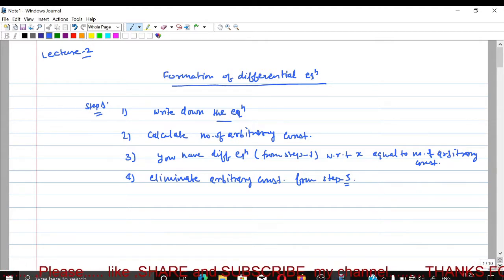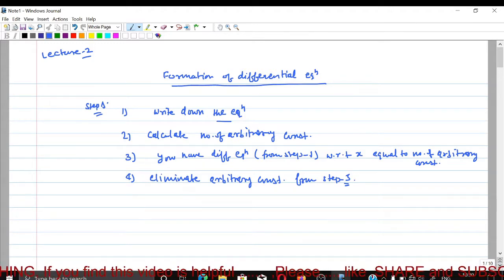In our upcoming session, we will solve some problems where on successive differentiation we may eliminate the arbitrary constant, but in other problems you may find that after successive differentiation the arbitrary constant is not eliminated.